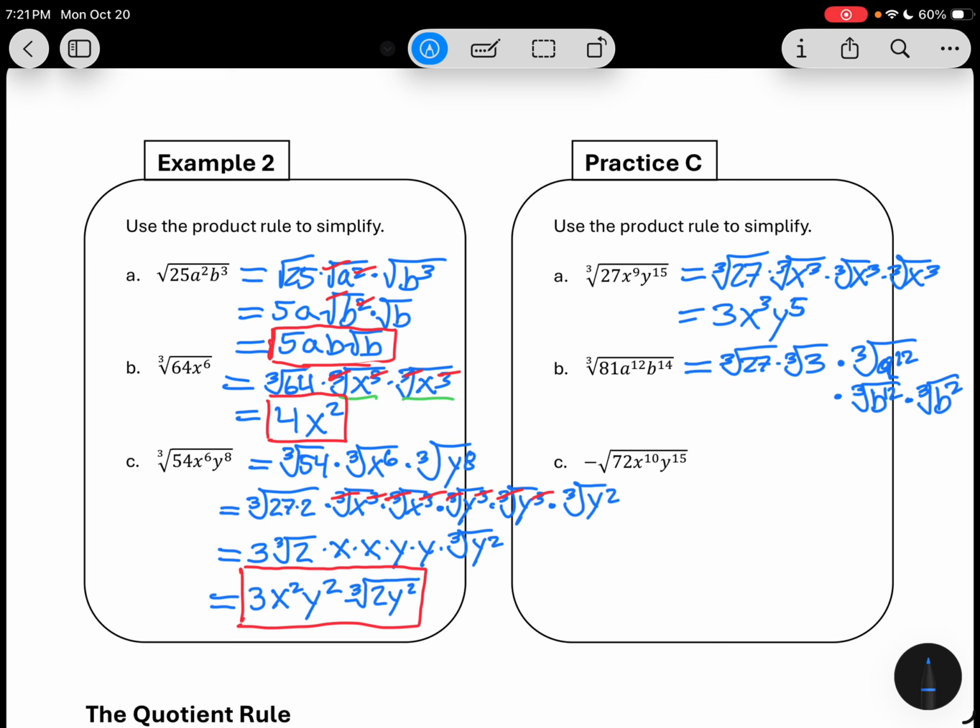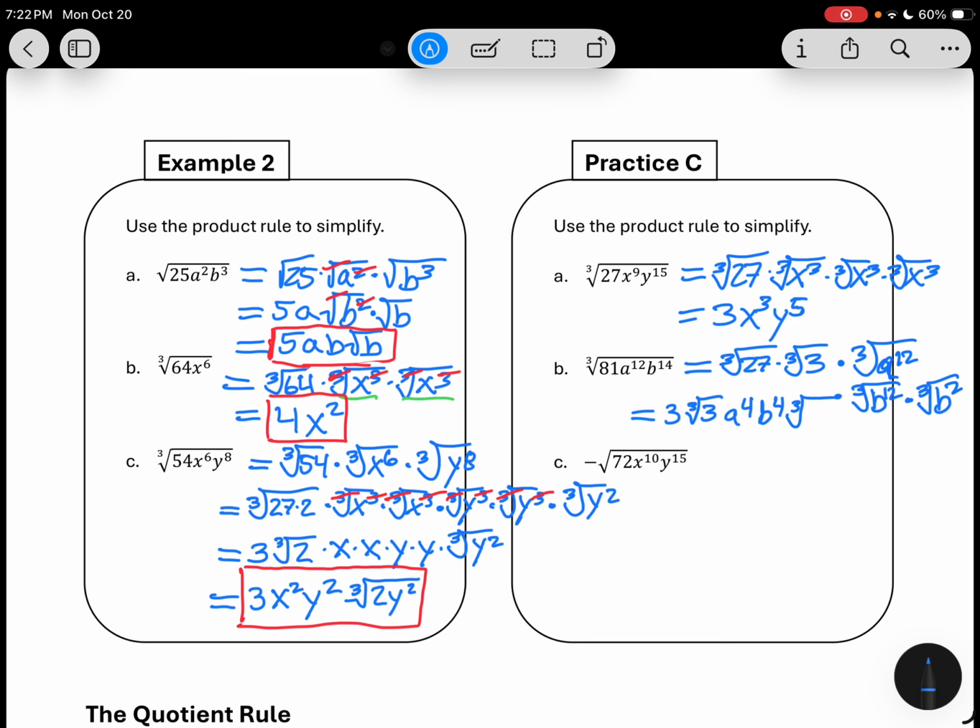So if we simplify this now, cube root of 27 is 3. Cube root of 3, that's just cube root of 3. And then cube root of a to the 12, 12 divides by 3 evenly and gives us a to the 4th. And then b to the 12 simplifies and gives us b to the 4th. But then we have b squared that is still in the cube root.